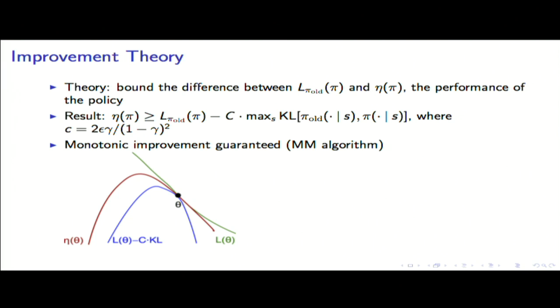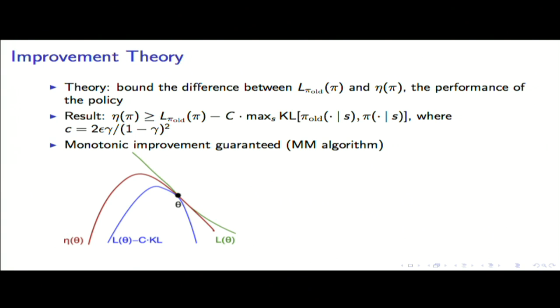So we have this inequality that says that if you add a penalty term that penalizes moving theta away from theta old, then we don't know how good the policy is going to be, so we penalize the policy for that. We add this penalty term, and we get this blue curve.